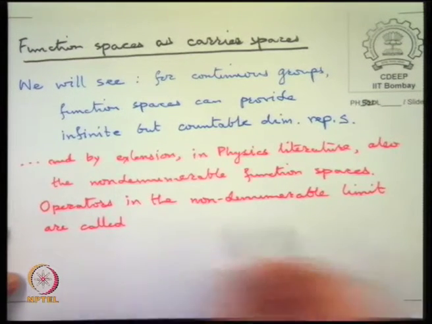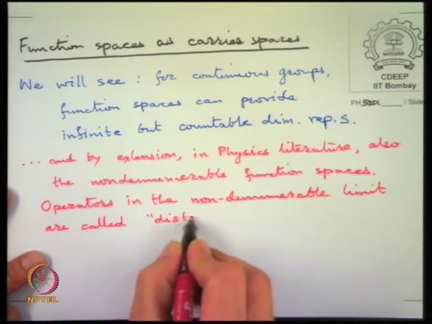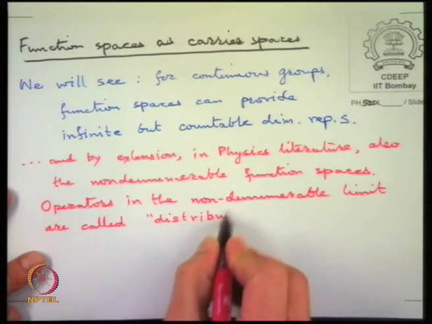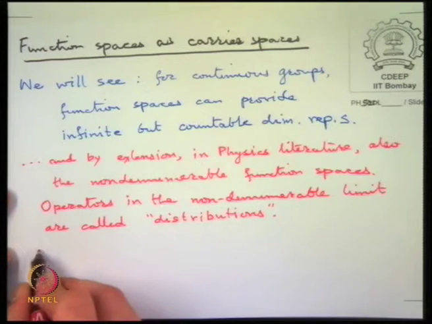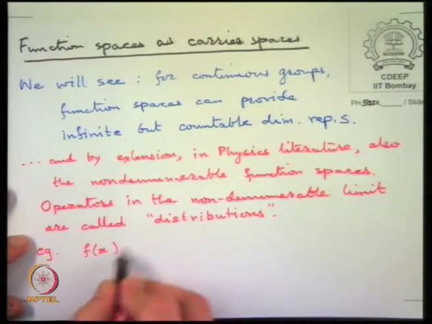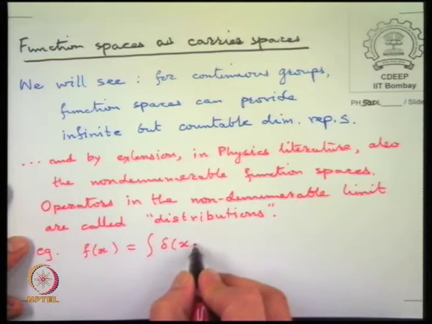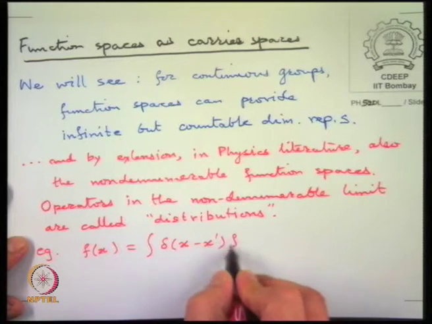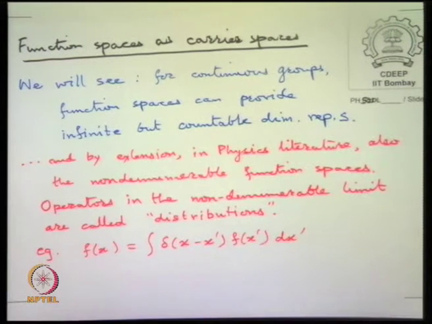So these are called distributions. So the delta function is a distribution.